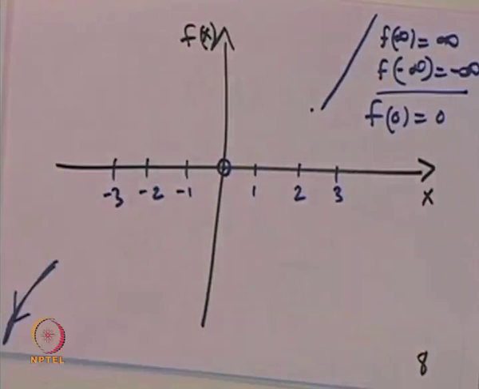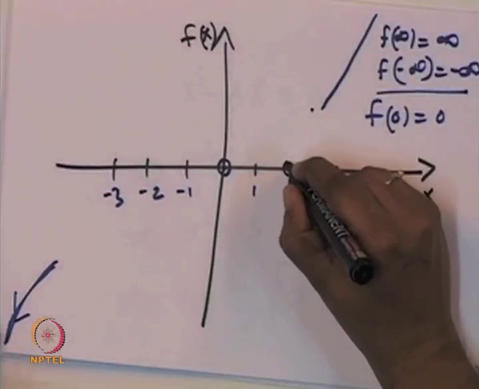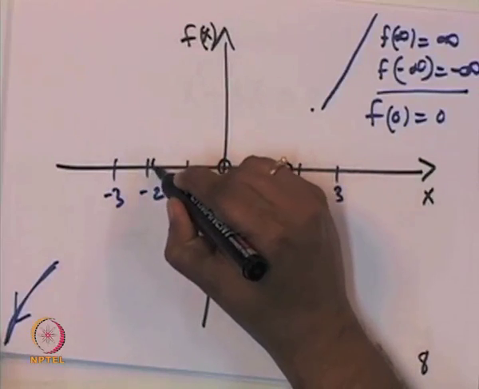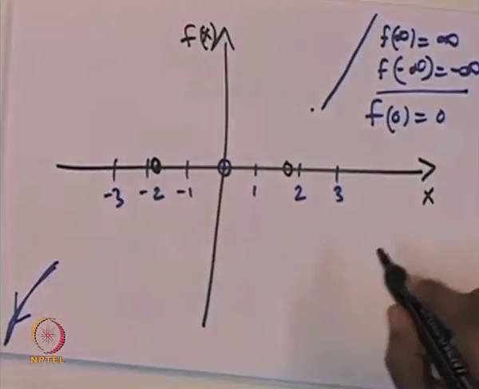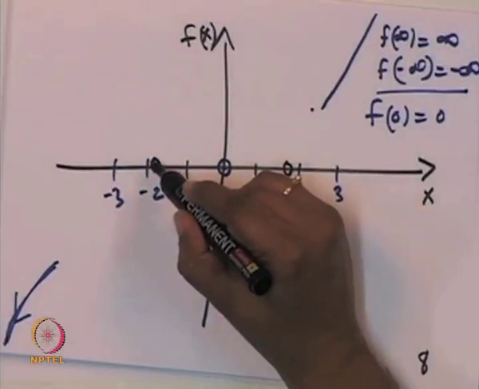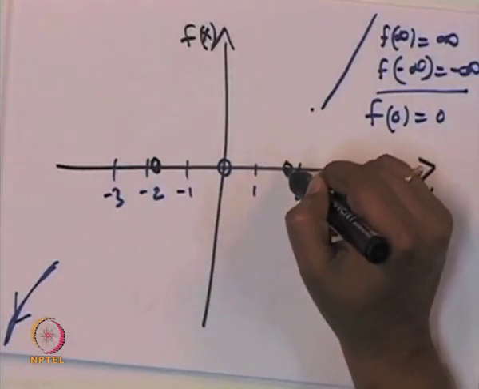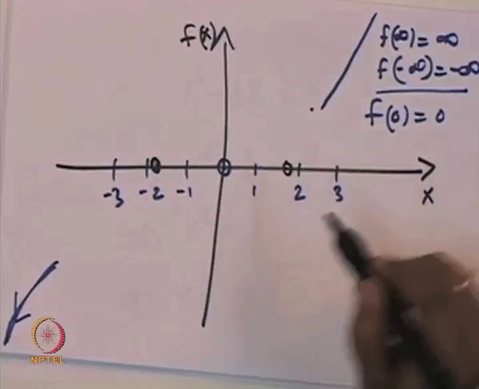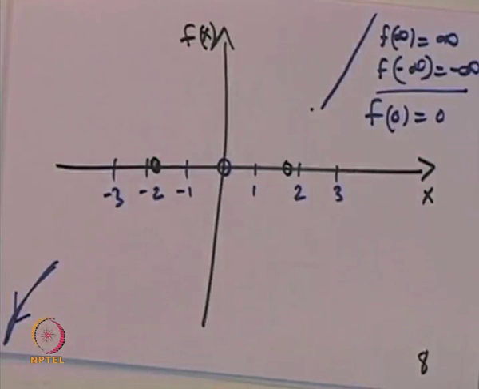What we found is that when x is about square root of 3, which is about 1.7, very close to 2, somewhere here the function should reach 0. So at plus square root of 3 and minus square root of 3, the function should have hit 0. The function should pass through these points. This must be understood.